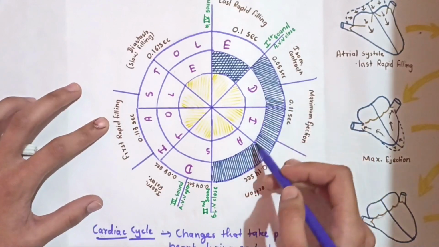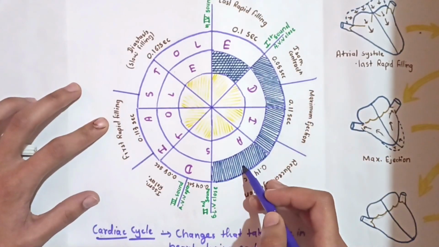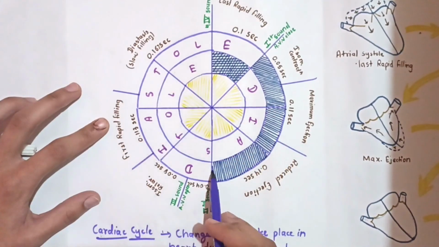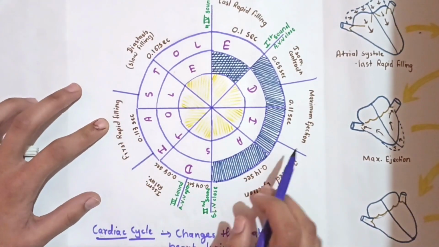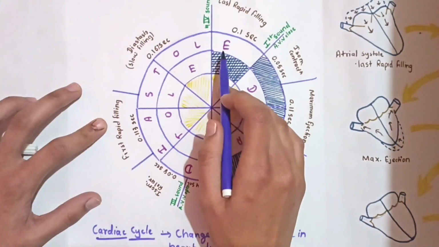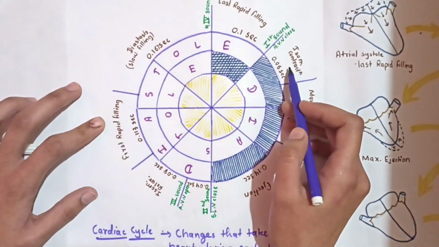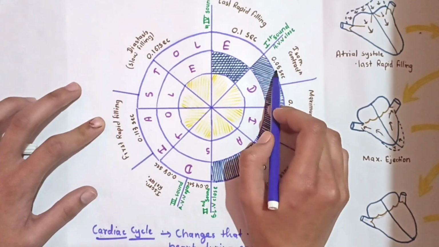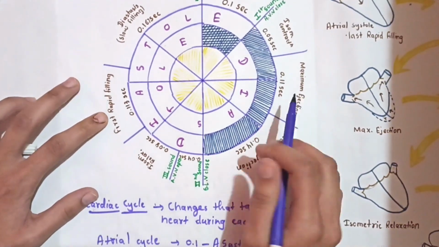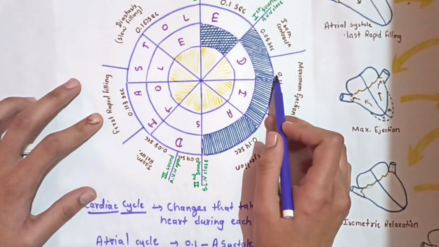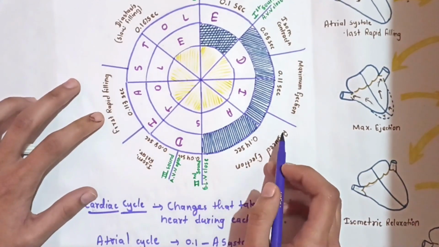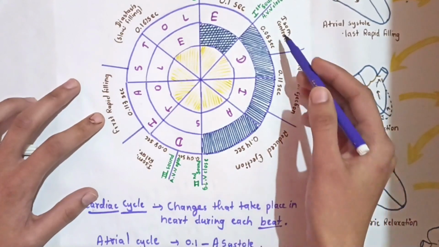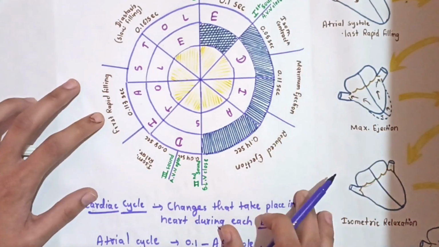Here the 3 blocks are for ventricular systole, and the remaining light colored blocks are for diastole. The first block of ventricular systole is isometric contraction, which is for 0.05 second, then the maximum ejection phase for 0.11 second, and the third one is the reduced ejection phase for 0.14 second. So these are the 3 further divisions of ventricular systole.